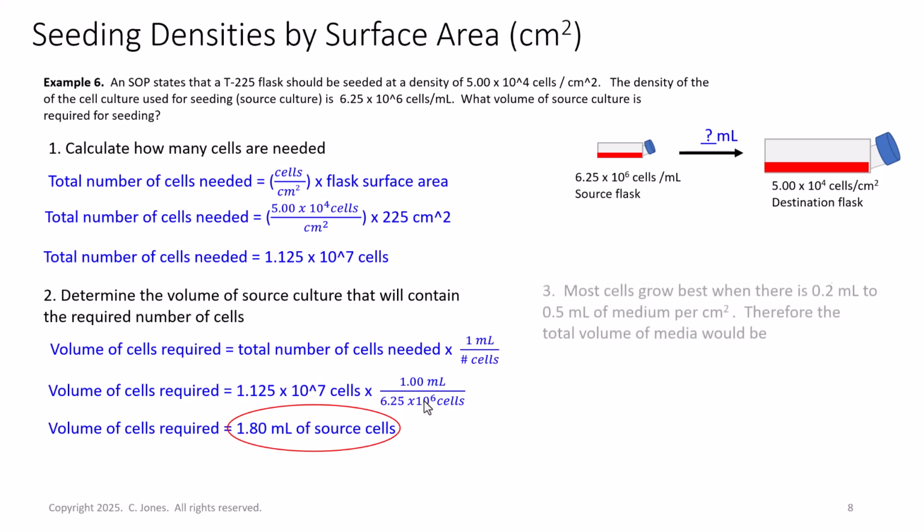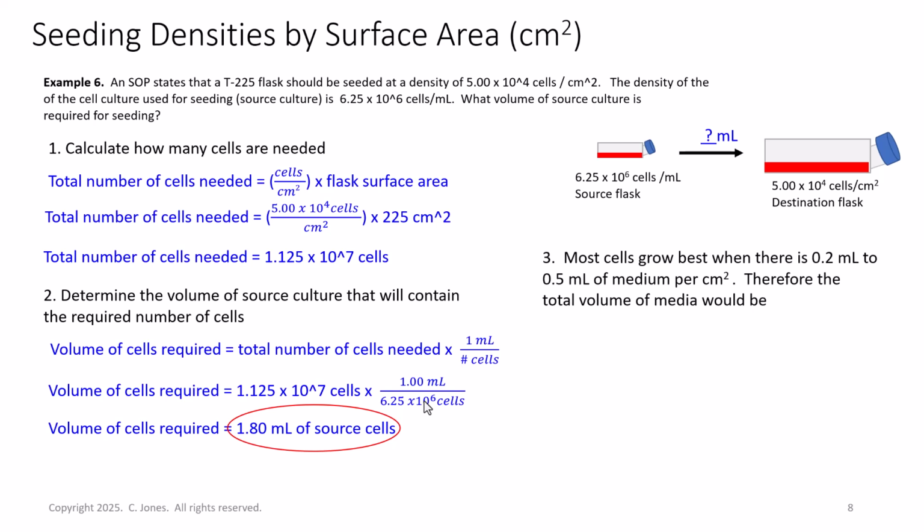And now, of course, I also need to determine how much media to add. So again, same thing, right? This is a rule of thumb. If you don't know how much media you need to end up with, this is a general way to calculate it, between 0.2 to 0.5 mils of media per centimeter squared. And so in this case, I just selected 0.2 mils of media, right? So we're going to multiply the surface area, 225 centimeters squared, times 0.2 mils of media per 1 centimeter squared.